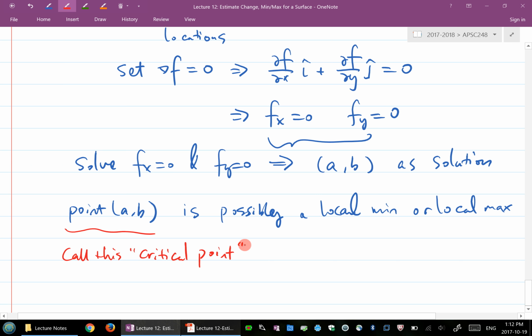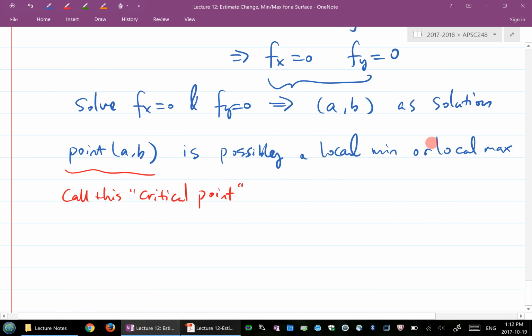But as I said, (a, b) may not necessarily be a local min or local max. It could possibly be at an inflection point. Same thing for a function of two variables: we also have a possibility that (a, b) may not be a local min or local max. (a, b) could be a so-called saddle point.